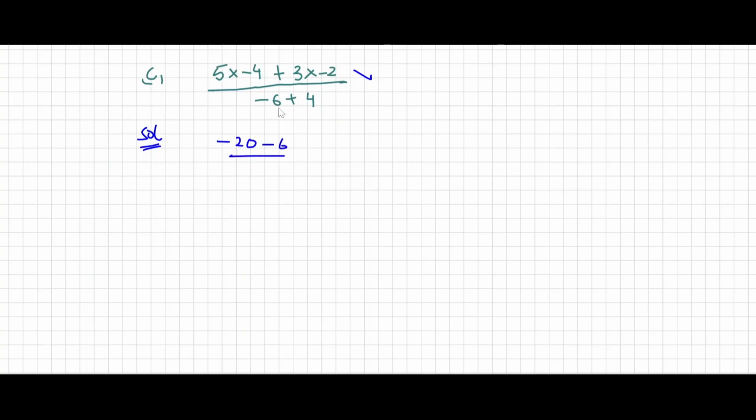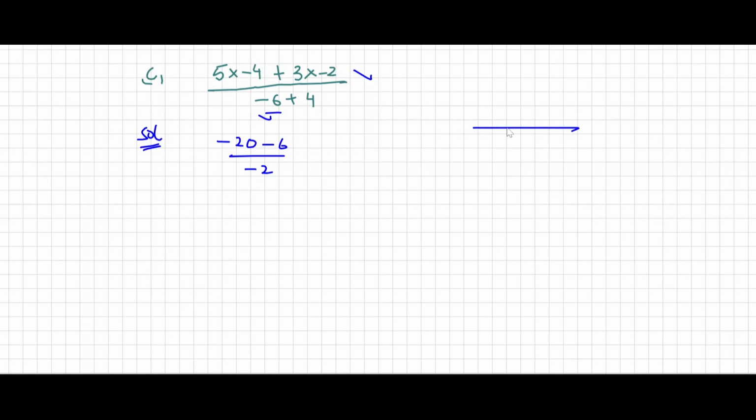And next, in the denominator, -6 plus 4. Here we are basically adding a positive number. Because the number with the negative sign is greater than 4, the positive number, I'm not saying -6 is greater than 4, but basically 6 is greater than 4, so it becomes -2.